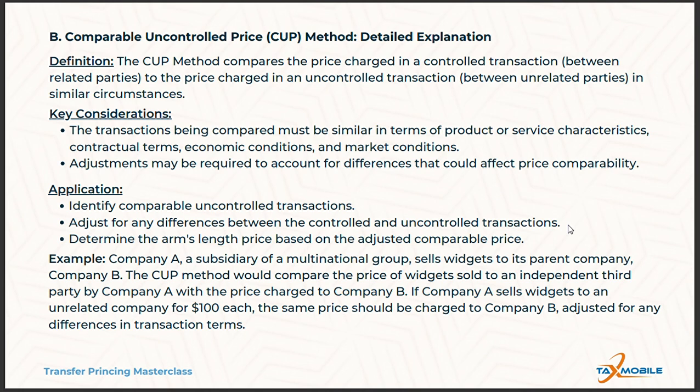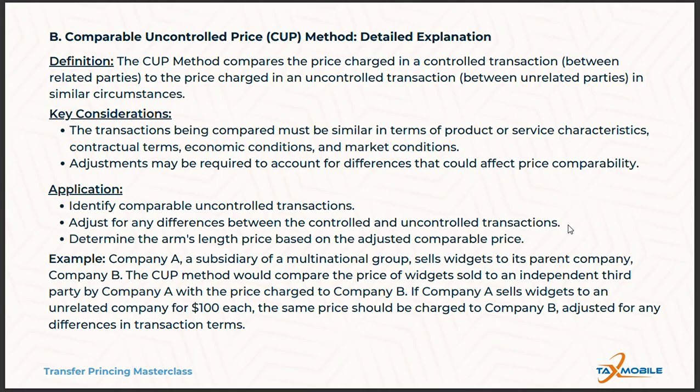Adjustments may be required to account for differences that could affect price comparability. So when to use it: the CUP method is most effective when highly comparable uncontrolled transactions are available. It also works well for commodities, raw materials, or standardized products where market prices are readily available.